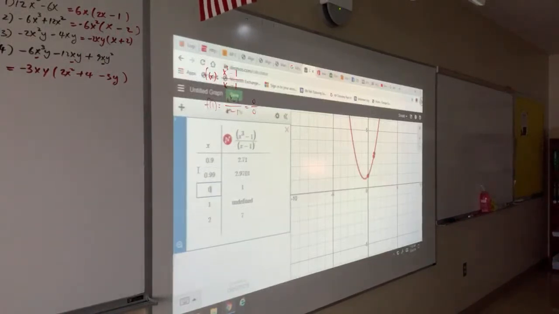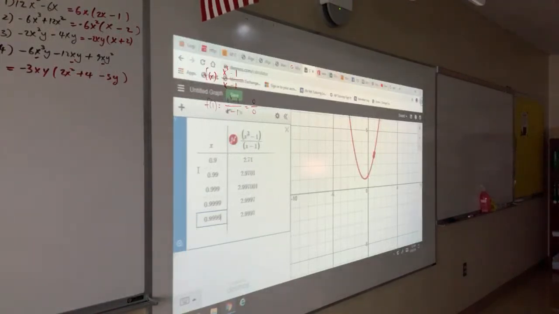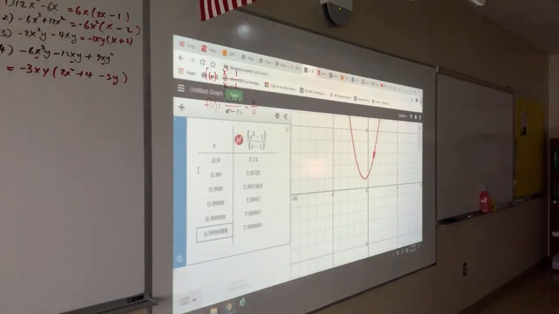Let's say 0.999. Obviously we cannot use 1. Then 0.99999, and we're gonna keep on doing it until we're getting closer and closer.